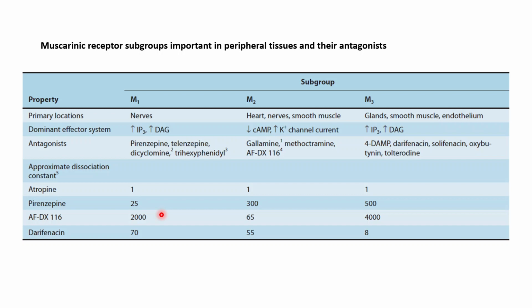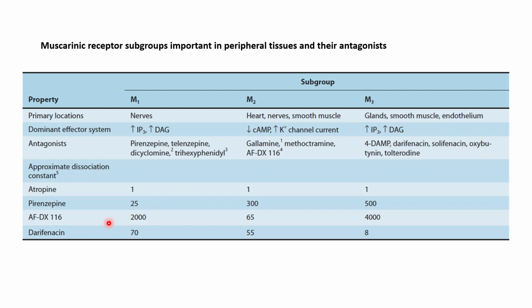So antimuscarinic agents are applied topically as drops or ointments for adults and children. The short-acting drugs are preferred.